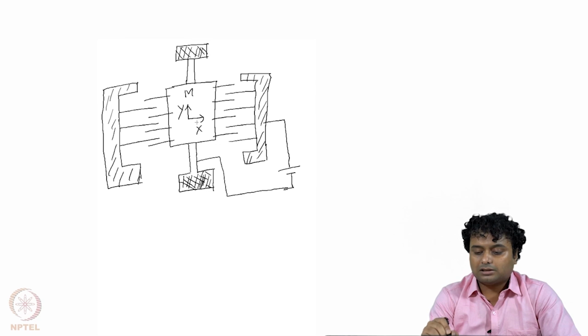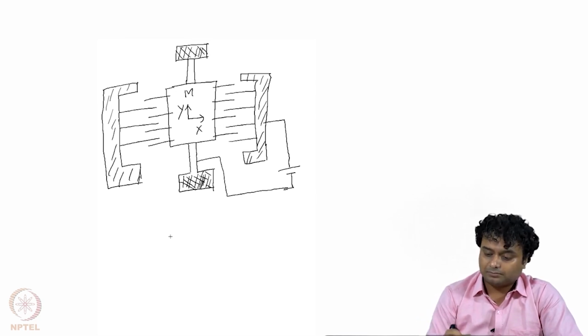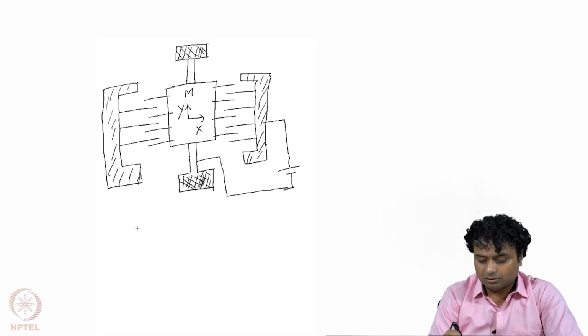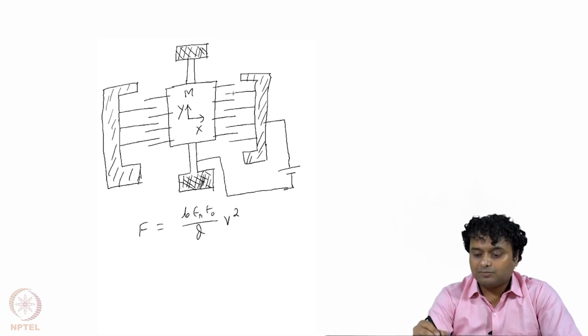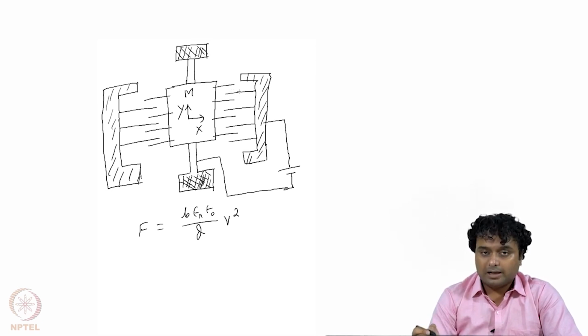Because of the electrostatic attraction, it will pull the device or the actuator towards it, right, and the force F will be equal to B into epsilon r epsilon naught divided by d into v square, and this is for only one pair, right, and there are, let us say, n number of combs. So it will be n b epsilon r epsilon naught divided by d into v square.